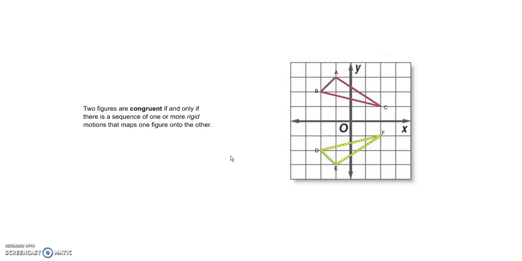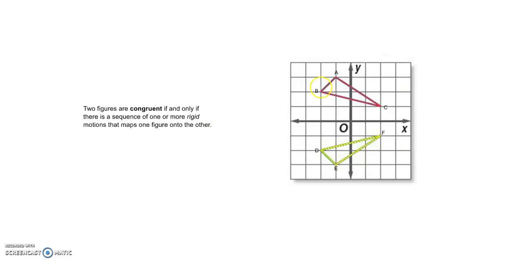Where in the past we've proved that two objects are congruent by proving that they have all similar side lengths and all similar measured angles, here we can say if we take one figure, and all we do is apply rigid motion to it in some manner so that we get it to be in the same location as the other figure, then they're congruent, right? And by rigid motion, we mean rotations, reflections, and translations, the three main ones that we went over in the previous chapters.